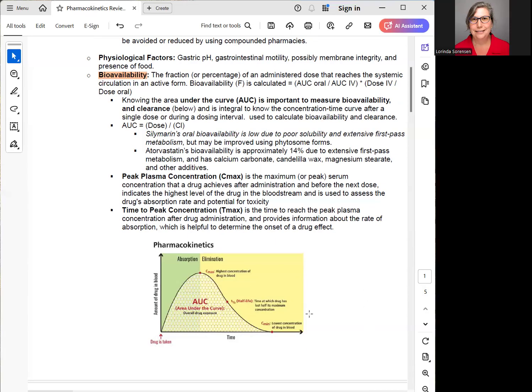Now, half-life is the one to really think about, the time at which a drug has lost its maximum concentration. So why is this important? Bioavailability, of course, we know about when we're thinking about how bioavailable curcumin is, silymarin is, certain B12 variations, because that plays a part in how effective those compounds are.